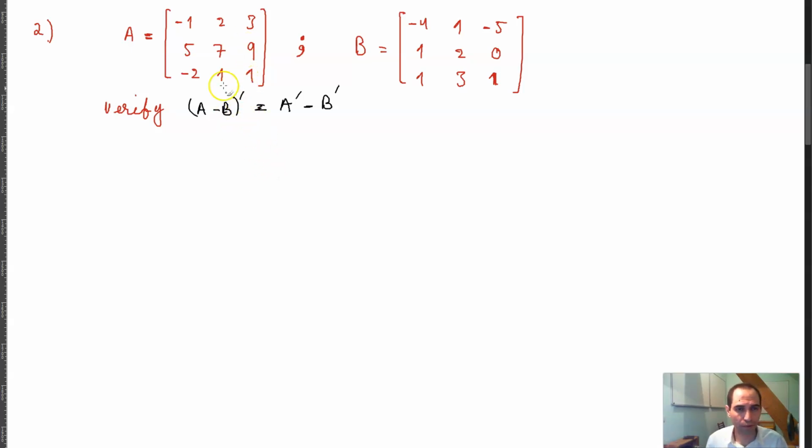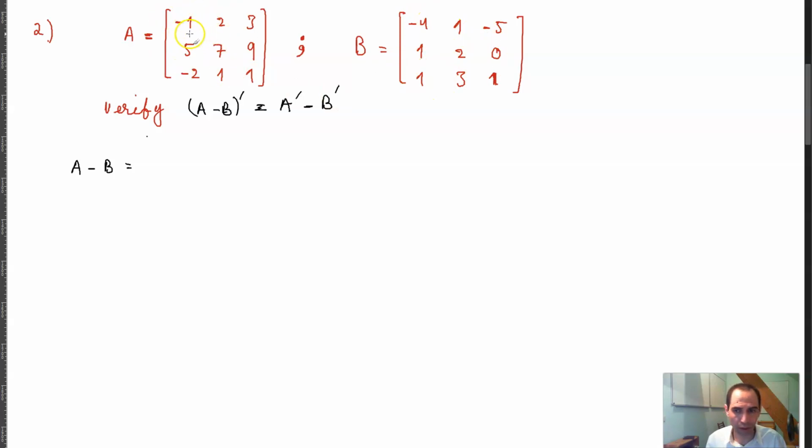first I want to create A minus B. So A minus B is equal to this matrix subtracted from this matrix, or you can add the negative of this matrix to this matrix.